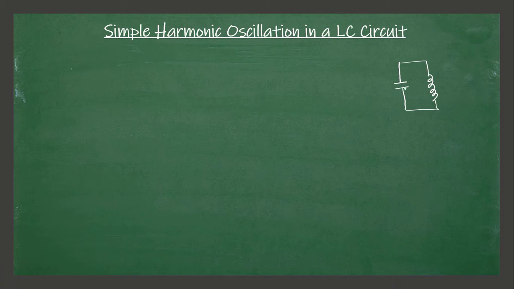Let's say the capacitance of this capacitor is C and the inductance of this inductor is L. Now, as you know, a capacitor acts like a source of charge. So let's say when it is charged at the initial stage, here we have charge plus Q and at this plate we have charge minus Q.